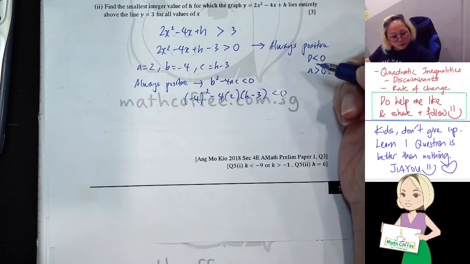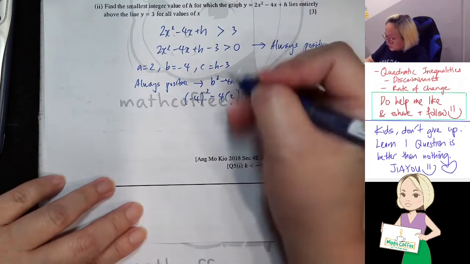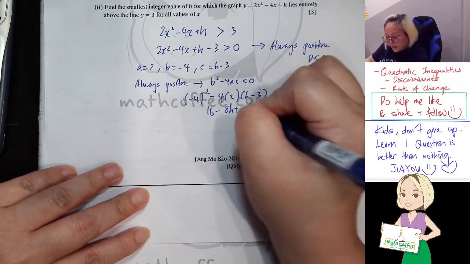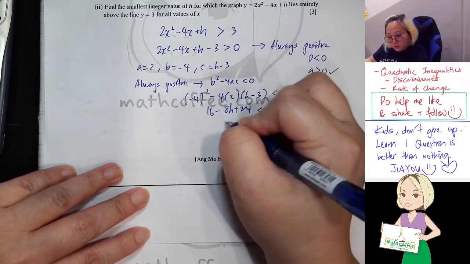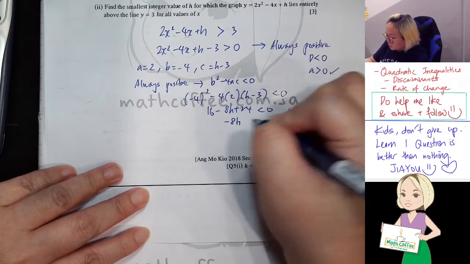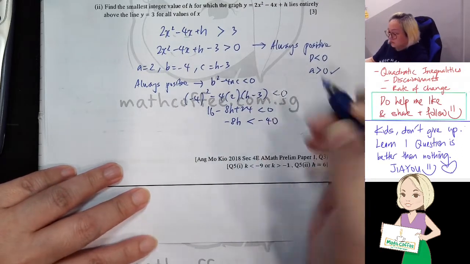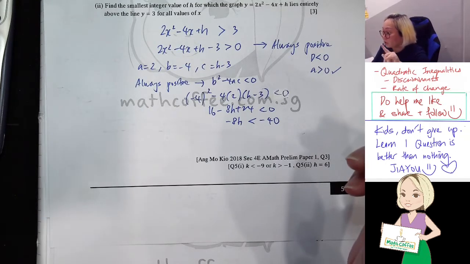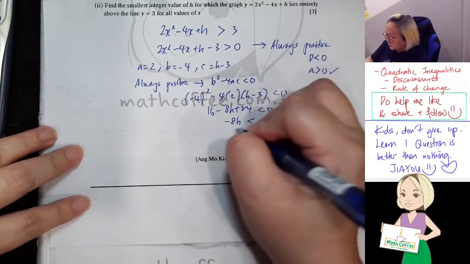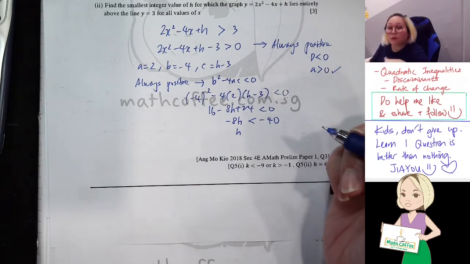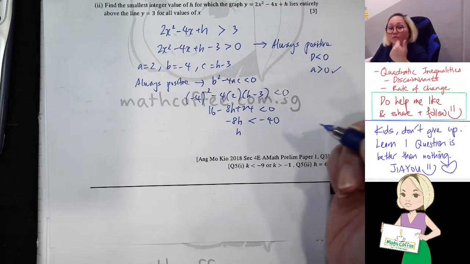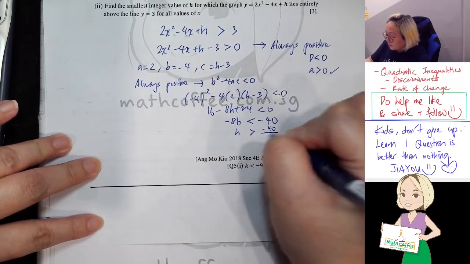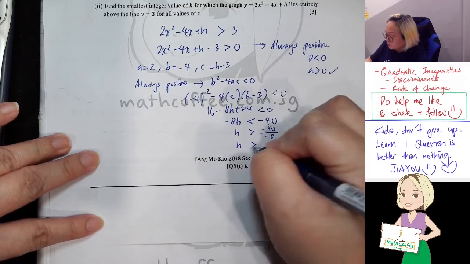That will give us 16 minus 8H plus 24 less than 0, so minus 8H less than -40. See, this is a linear inequality, but take note, I'm going to divide by -8. Remember in a linear inequality, when you divide by a negative, your sign needs to flip. So my H is more than -40 divided by -8. So H is more than 5.